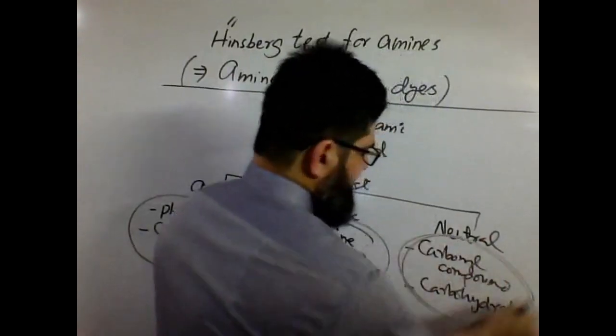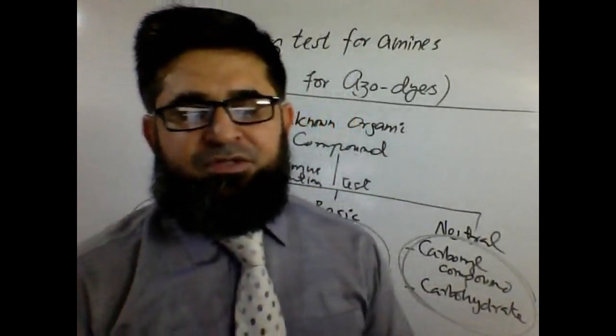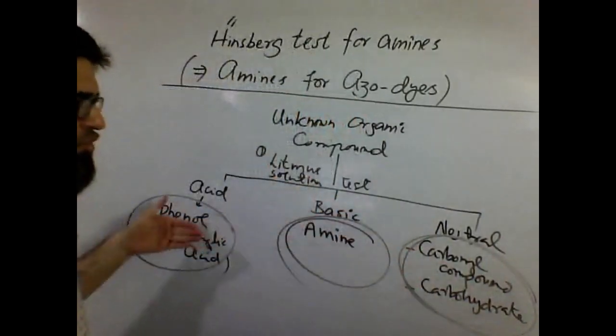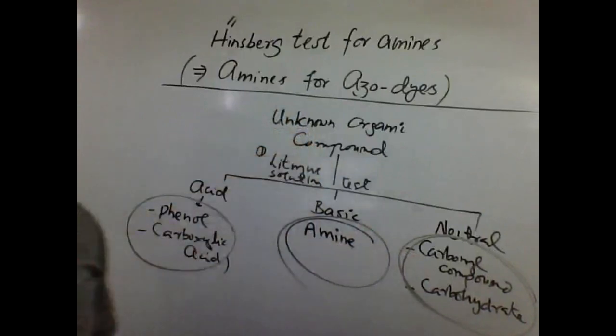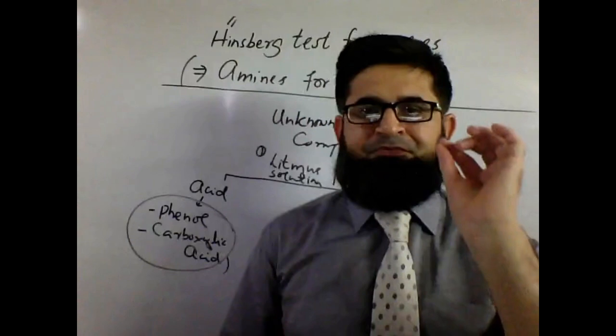Two possibilities: carbonyl compounds, aldehydes and ketones, or carbohydrates. So these are the three options which result from the litmus solution.